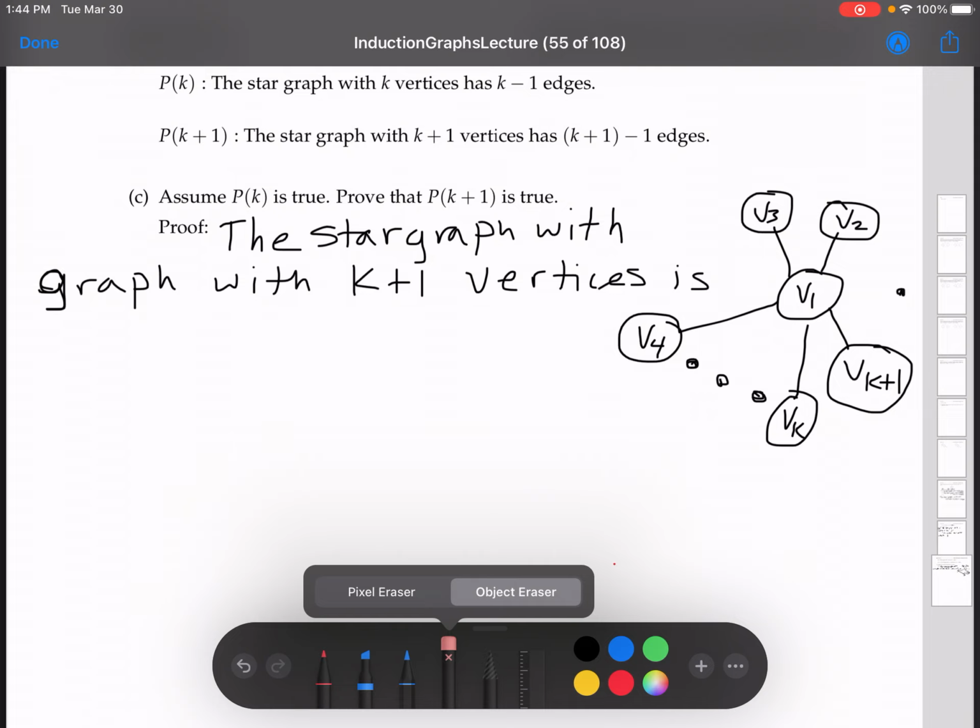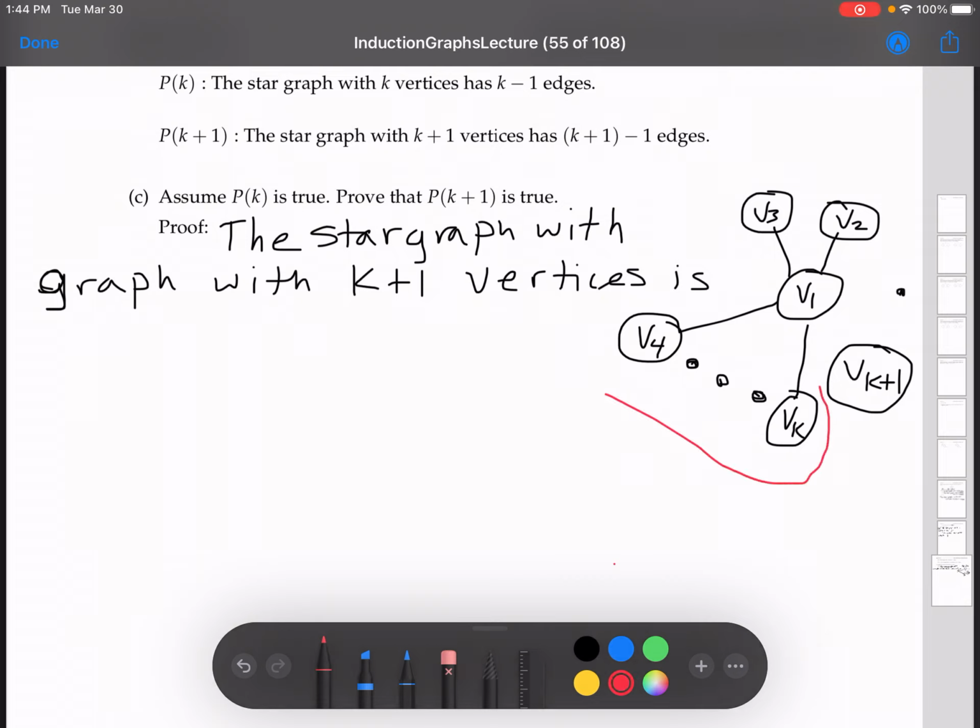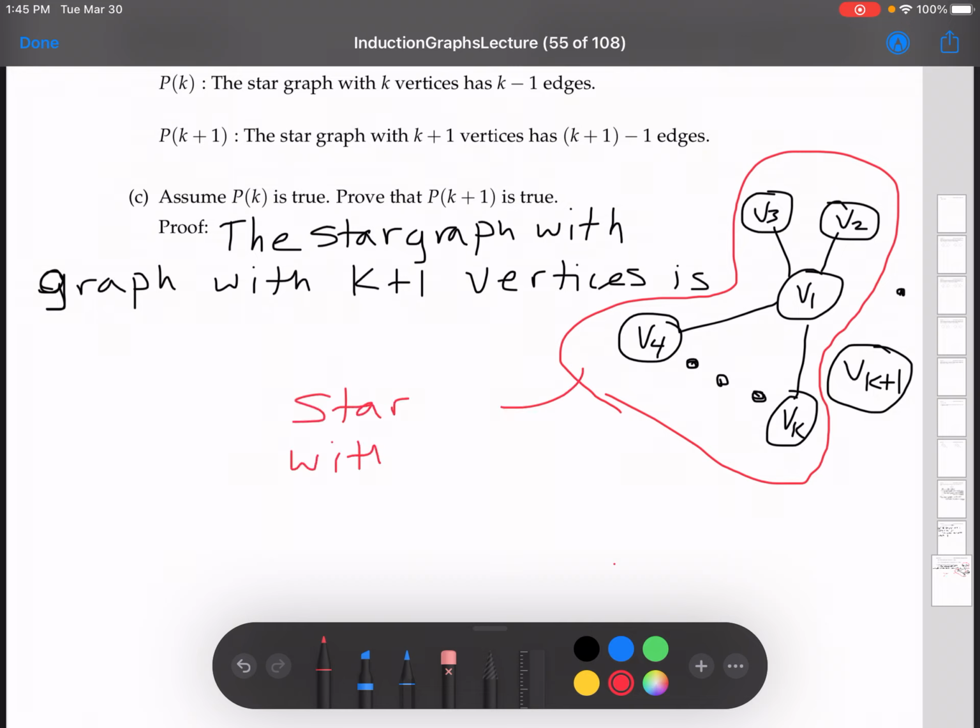When I take off that edge, what do I have left? So in red over here, when I take off that edge connecting V1 and VK plus 1, I have the star with k vertices.